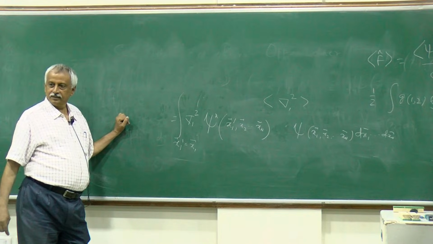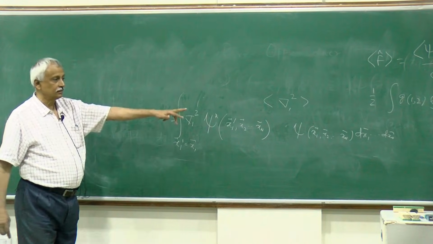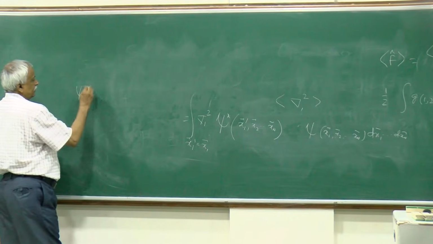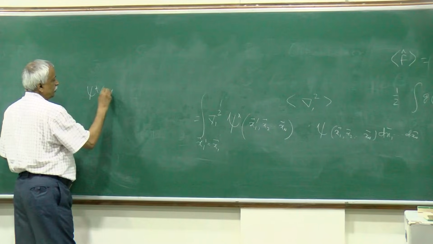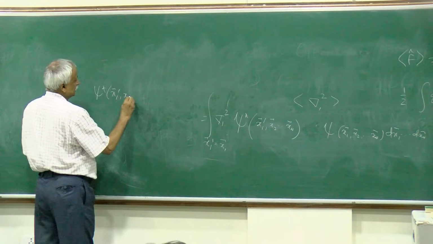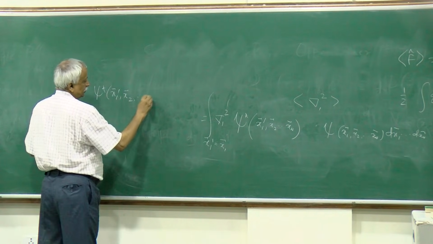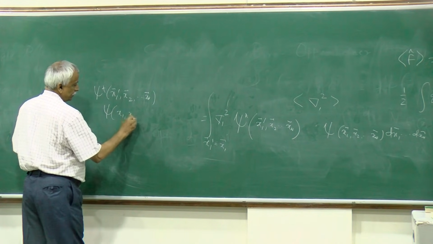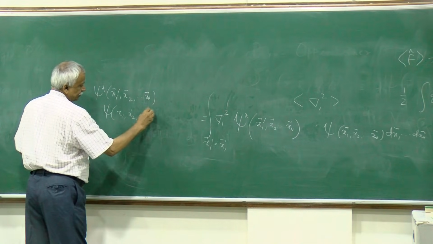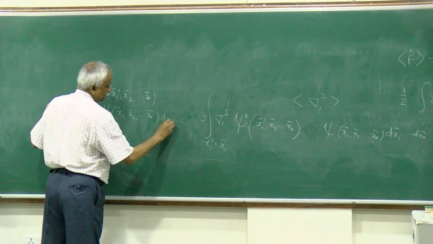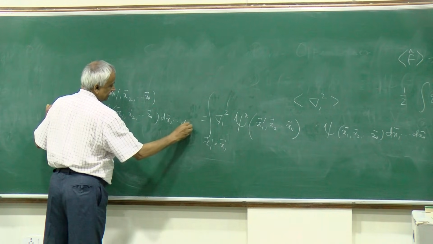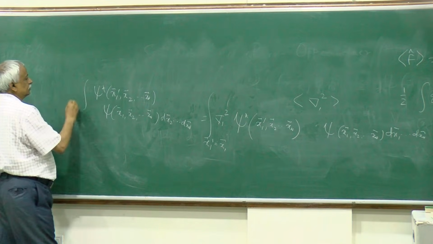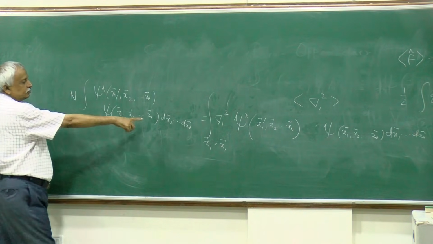Okay. That means I will generate a quantity, say psi star x1 prime, x2, xn, psi x1, x2, xn, dx2 to dxn, and of course your n factor also will be there, with integration over dx2 to dxn.